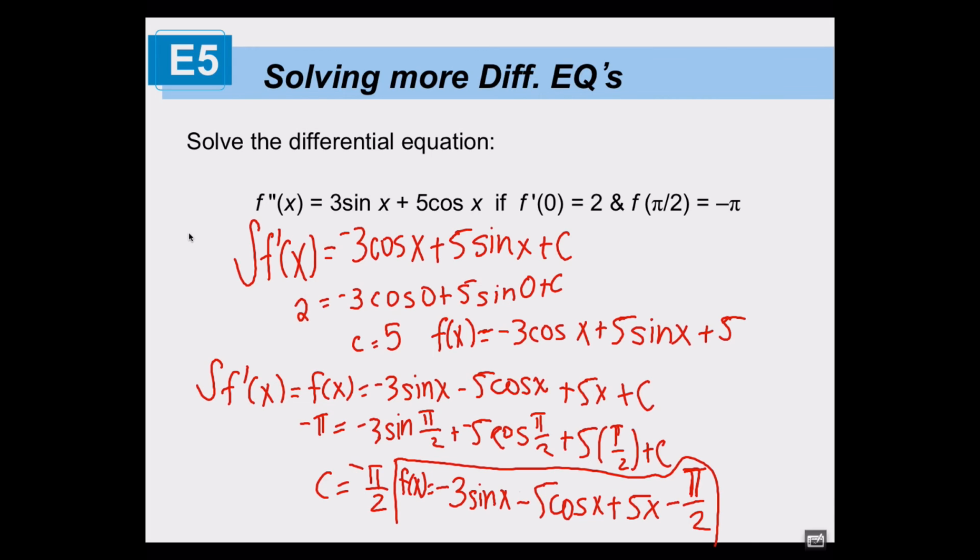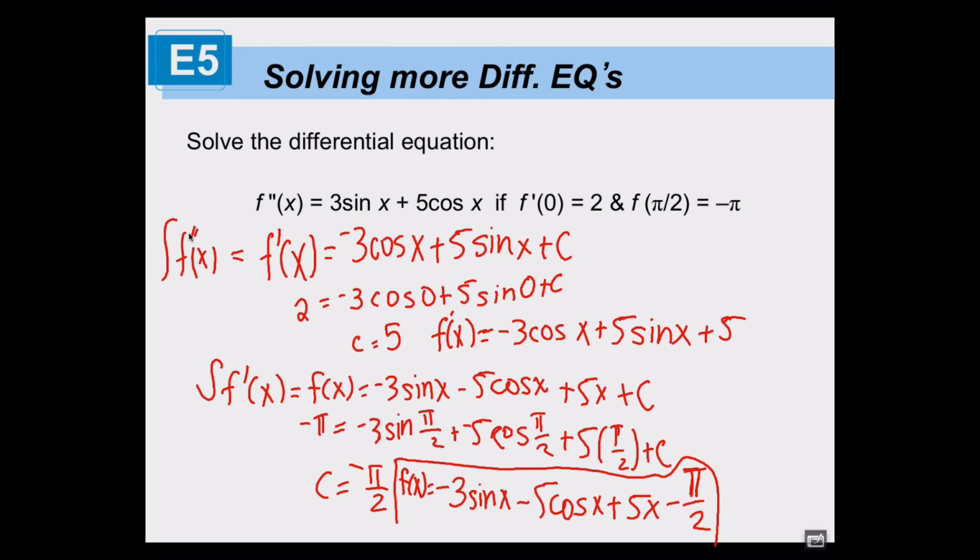Okay, couple things. Just because we're starting early, I want to make sure that the notation is correct. So you actually did the antiderivative of f double prime x, which gives us f prime, and then that's an f prime. I see the prime there. Okay, so when you got down to this step, we're rock solid. Sine of pi over 2 is 1, so that becomes negative 3. That's 0. That's 5 pi over 2.